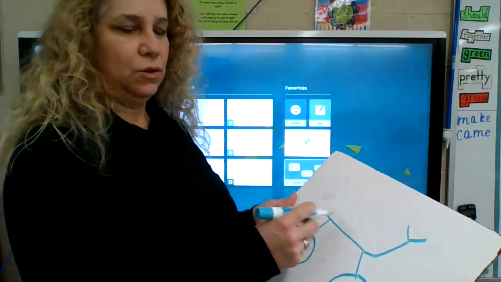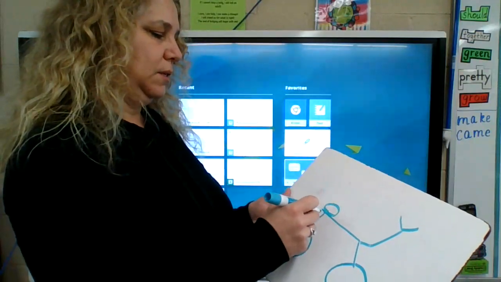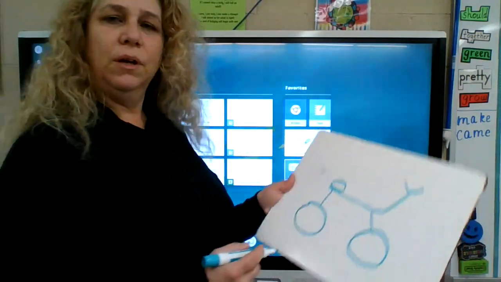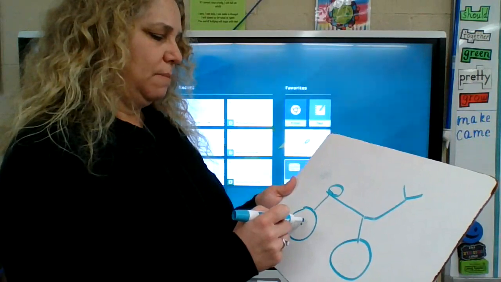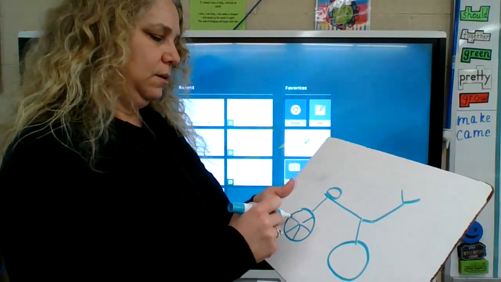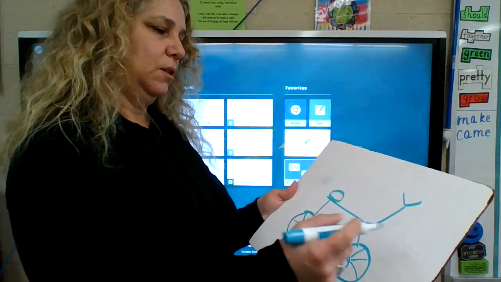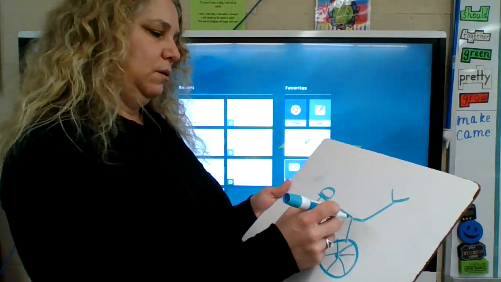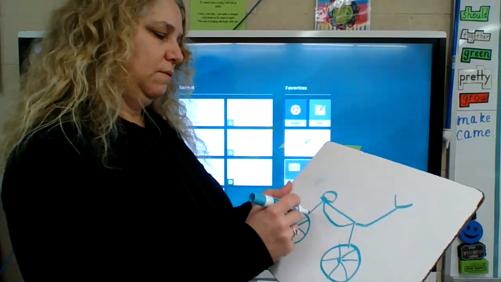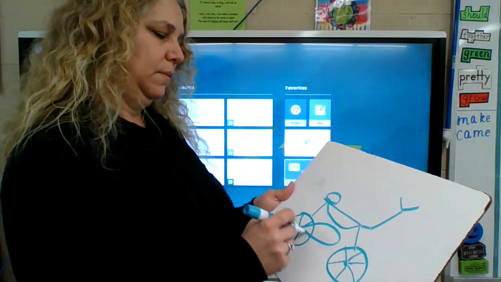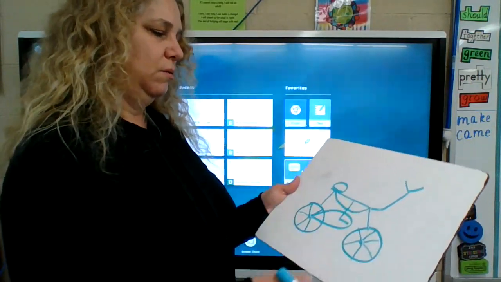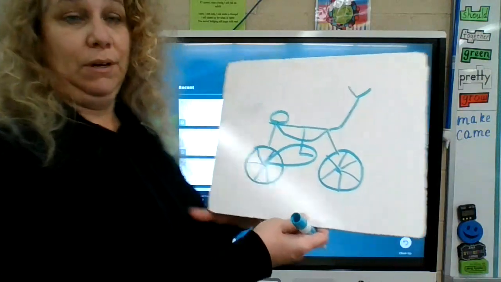I'm not a very good drawer of bikes, but I'll do my best. Because when we don't think we can do something really great, we still try, do our best, and try to make it look like we want it to look. I know down here, bikes have a chain and pedals. That's kind of a crazy bike.